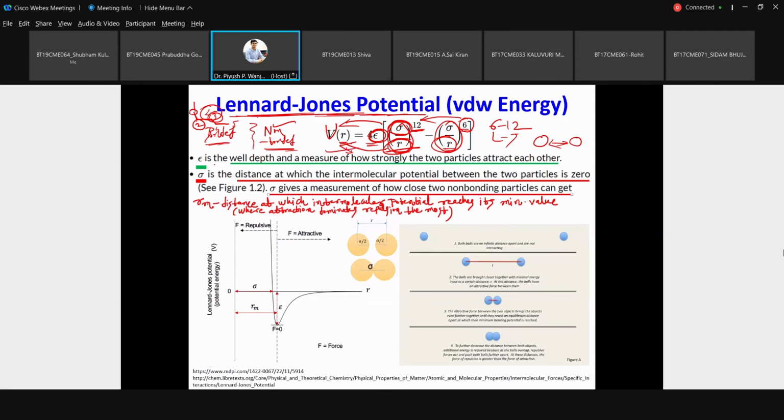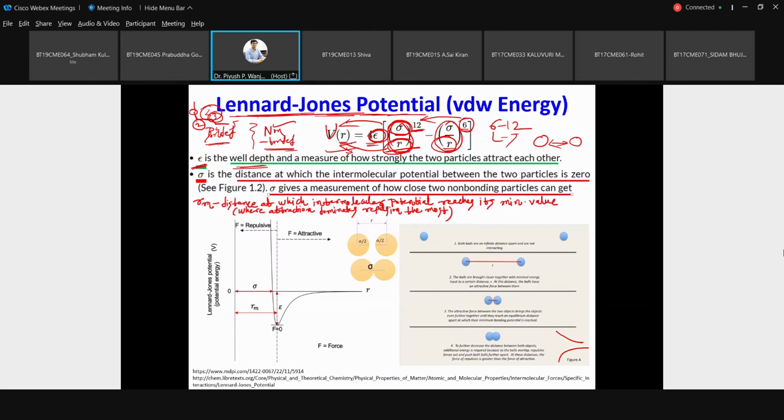So what are sigma and epsilon? Epsilon is called the well depth. Why well depth? Now I can draw. You have always seen plots like this. The electrostatic interaction was different: it was either like this or like this. Here you have multiple features.